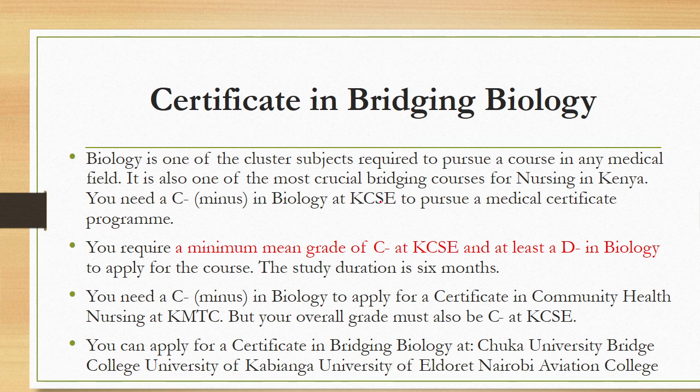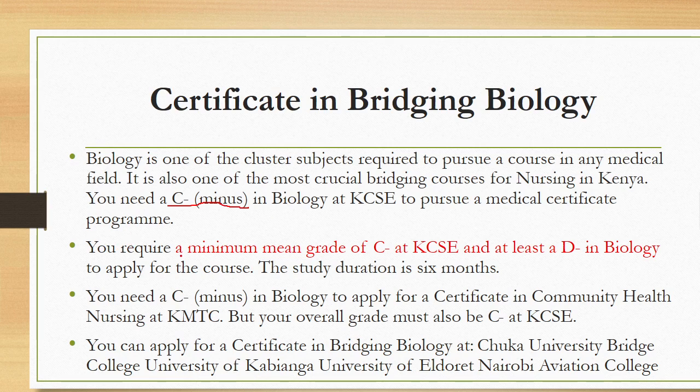Can I do pharmacy if I got this in biology? If you didn't attain the right mean, and you didn't have a C minus in your biology, then you cannot pursue it. That requires you to upgrade, or rather bridge, biology. I think that is now well understood.